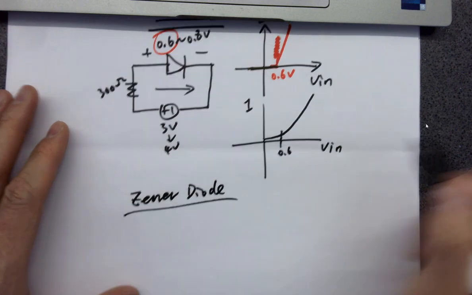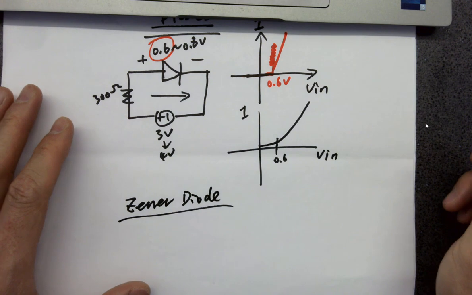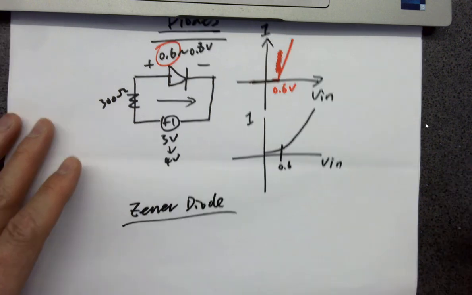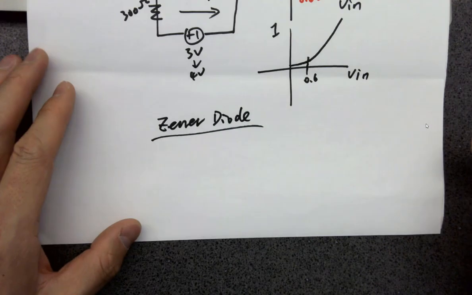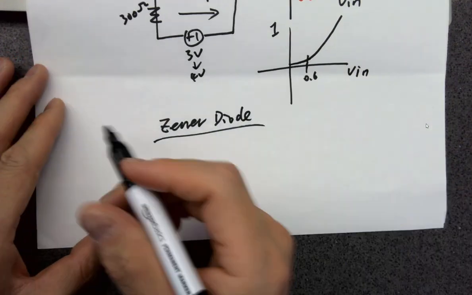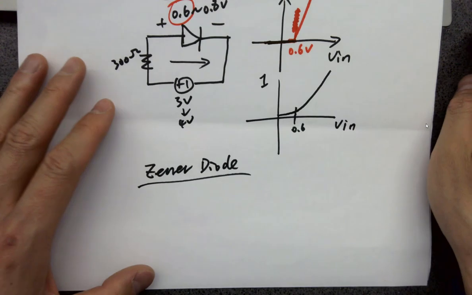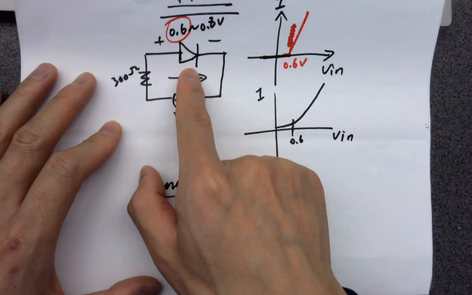So Zener diode cannot be used as a diode. Keep in mind. So Zener diodes are used as a voltage stabilizing device because we don't really use it under the forward biasing condition.